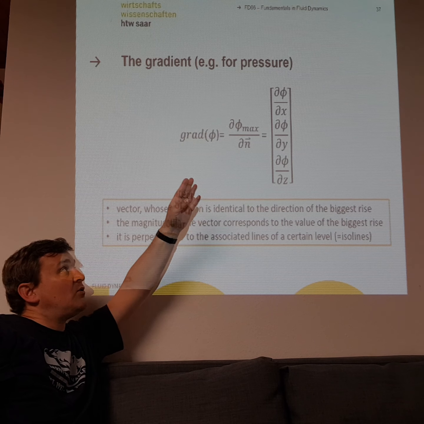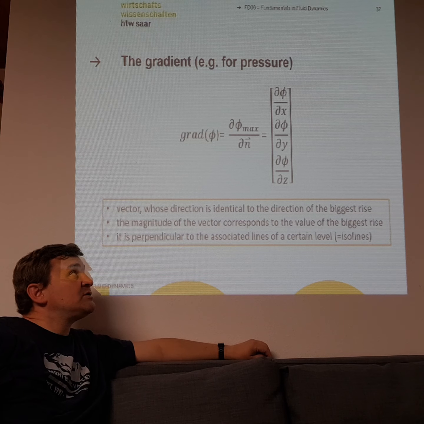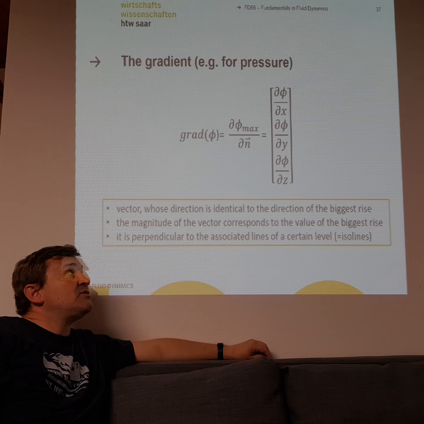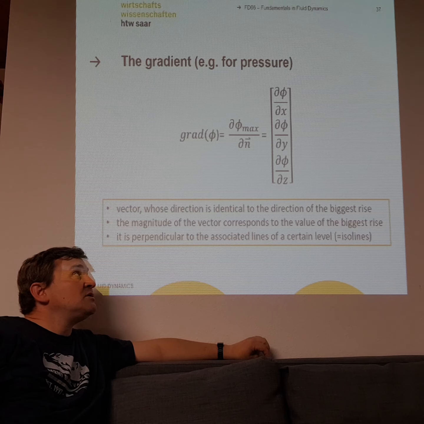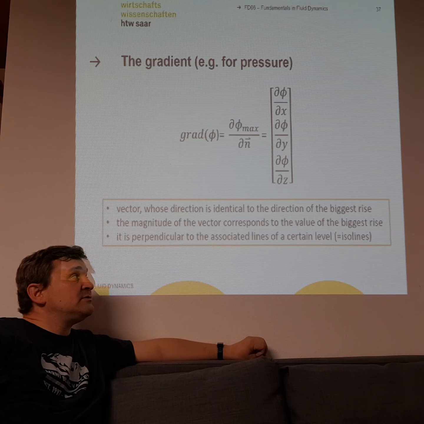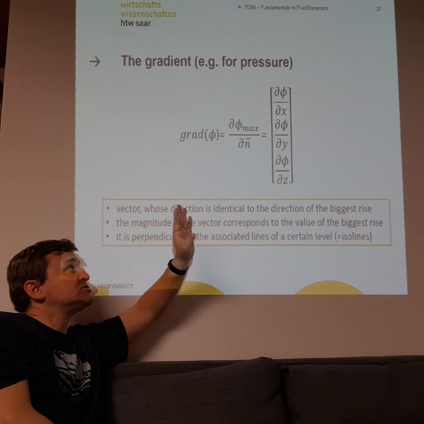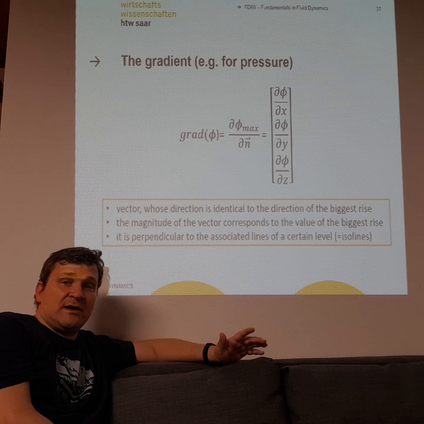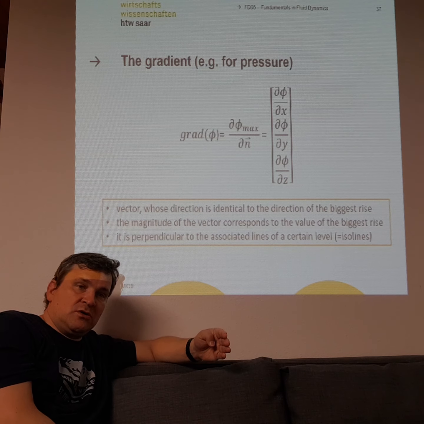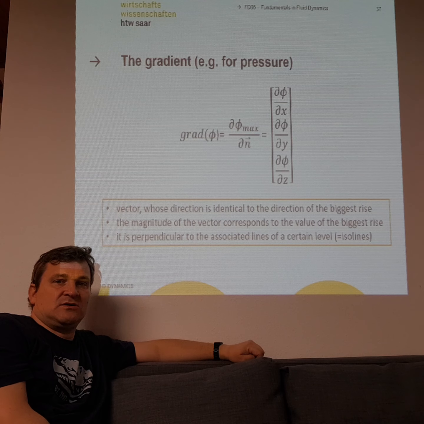And here we see our vector of the three gradients in every direction. Variable phi has a derivative in x direction, variable phi has a derivative in y direction, and variable phi has a derivative in z direction. And if we solve this gradient, we can describe the change of the velocities based on pressure.